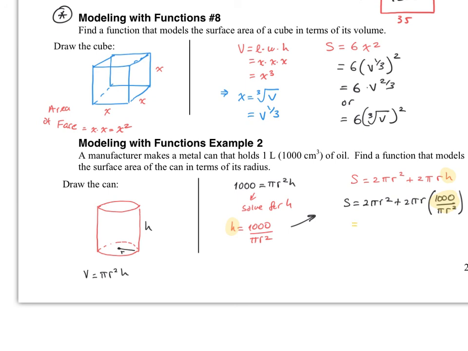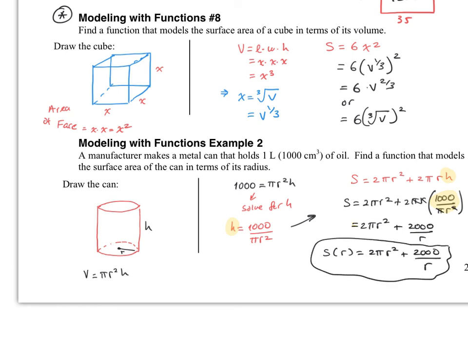Then if we simplify, this is still 2 pi r squared. The pi's will cancel, one of the r's will cancel, so this is 2000 over r. And now this is the surface area that depends only on r. The pi is a constant, so therefore it only depends on r. And that's it.